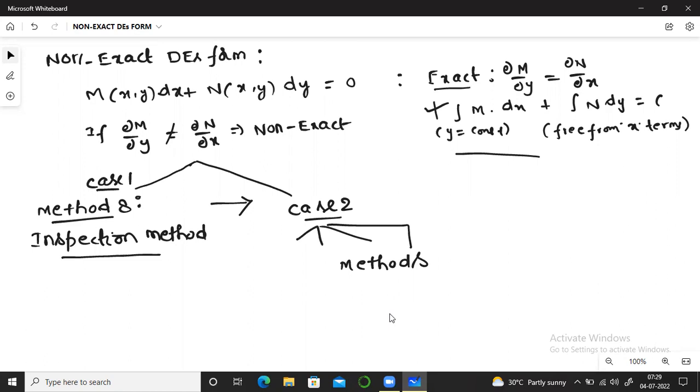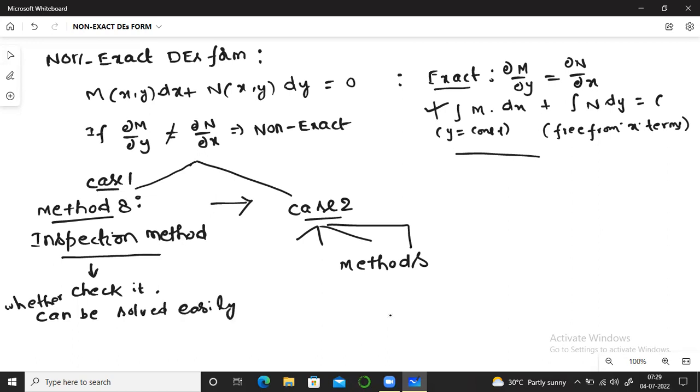So what is the meaning of inspection? Inspection means I check the problem, going through it letter by letter, to see whether it can be solved easily.